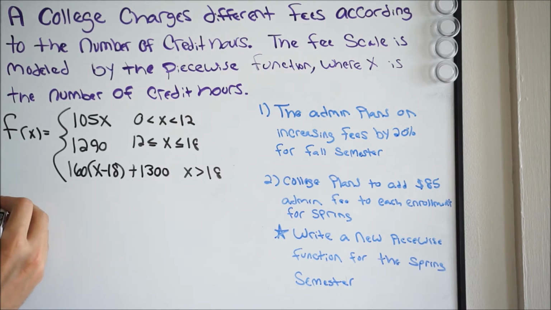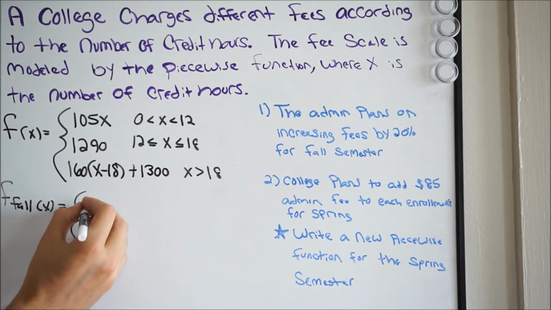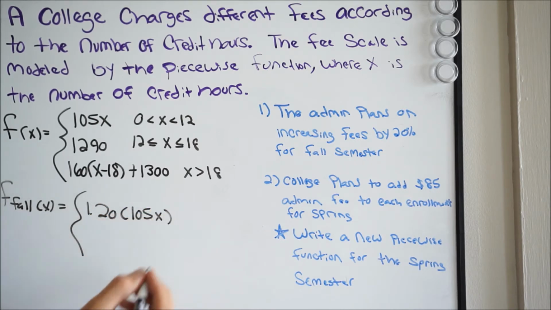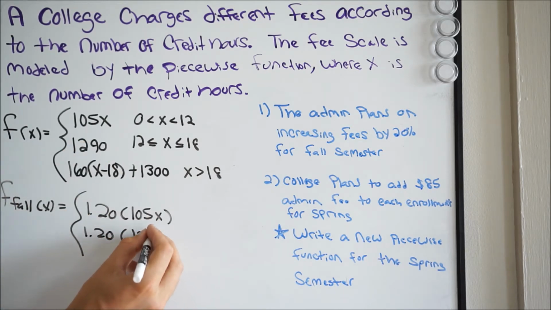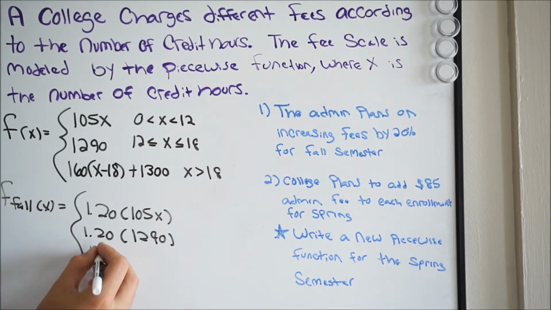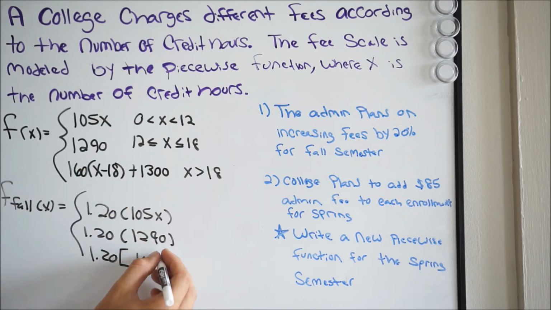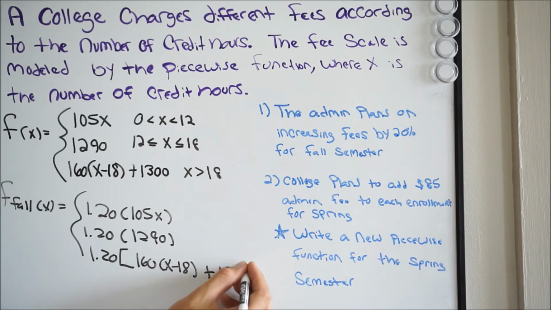So for the fall, we'll have the following. We're going to multiply this by 1.20. So we get 1.20 times 105x. Here we get 1.20 times 1290. And then we get 1.20 times 160 times x minus 18, and then plus 1300.